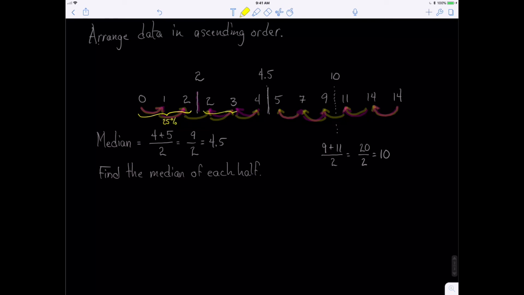From 2 to 4, this represents the next 25% of the data. And then from 5 to 9, there's another 25% of the data. And finally, our last three values, 11 to 14, form the last 25% of the data.